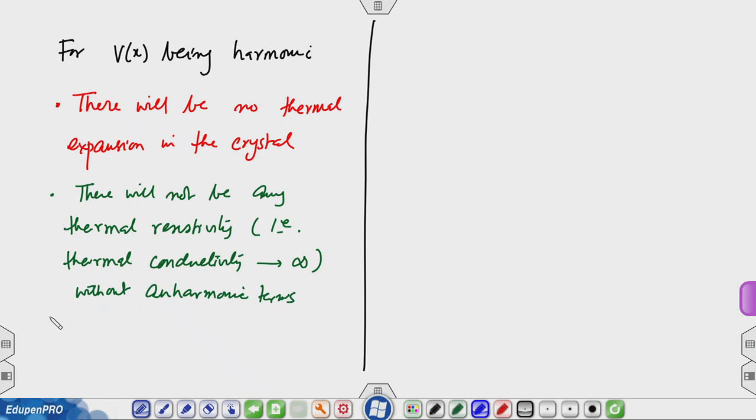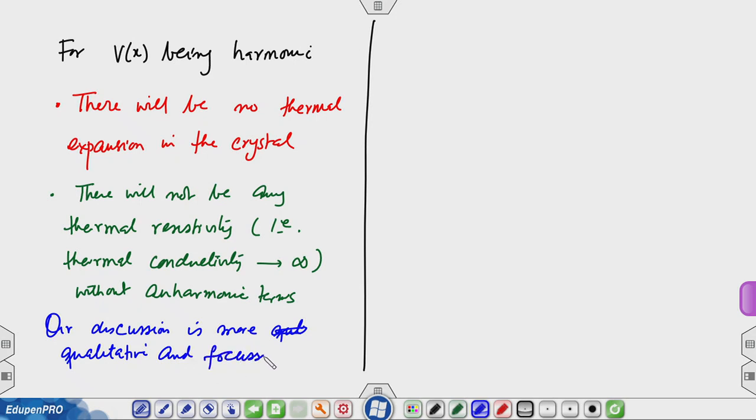Our discussion is more qualitative and focuses on ideas and looks at general trends of these two properties.